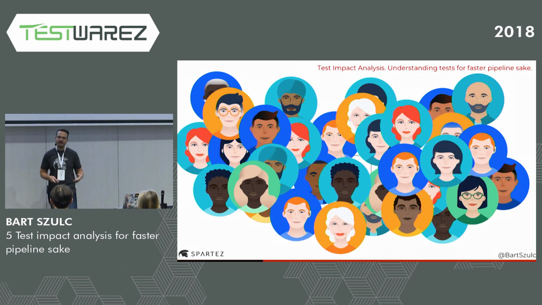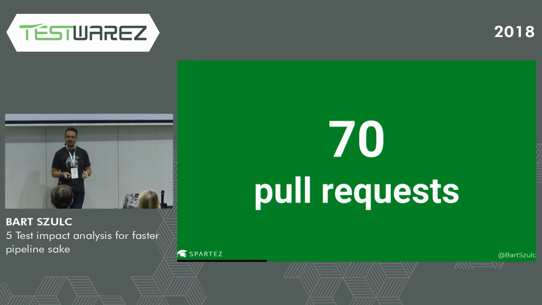And what does it mean, like, in real numbers? It means that every day 70 pull requests are created. So this means that every day there were at least 70 feature branches available in the pipeline, and on those 70 feature branches, people were committing changes and tests were running on those feature branches. So that's like a lot of test execution.